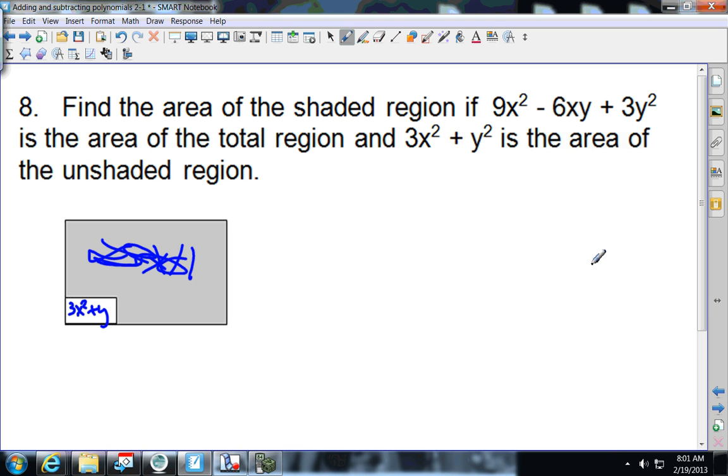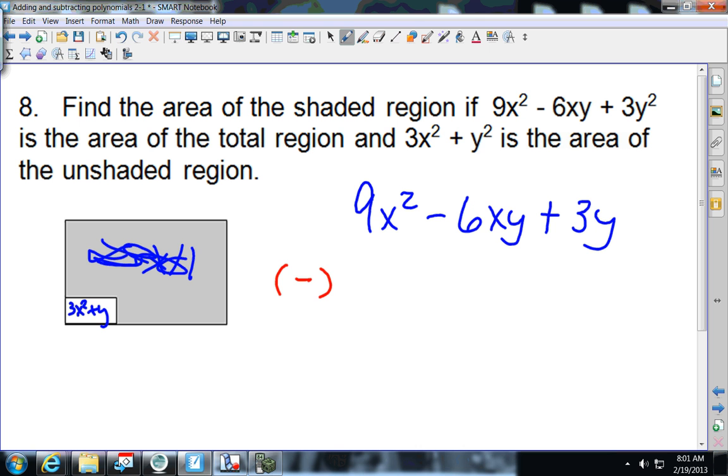So on this one, all we're going to do is take the area of the total region, which is 9x squared minus 6xy plus 3y squared, and you're going to subtract off the area of that unshaded region. I'll line them up because it's 3x squared, so 3x squared, oh, I forgot that squared right there, plus y squared.